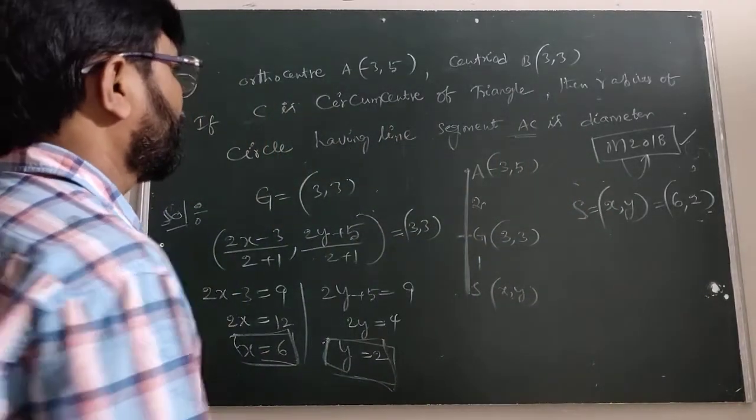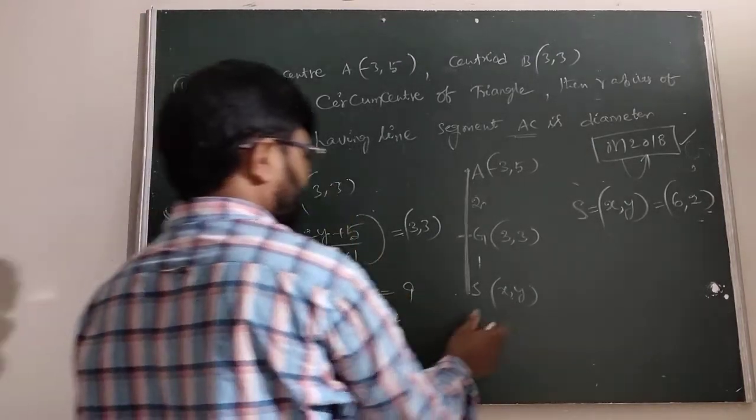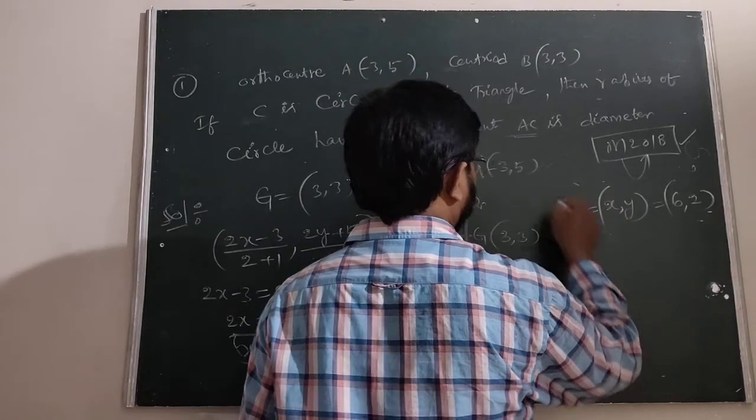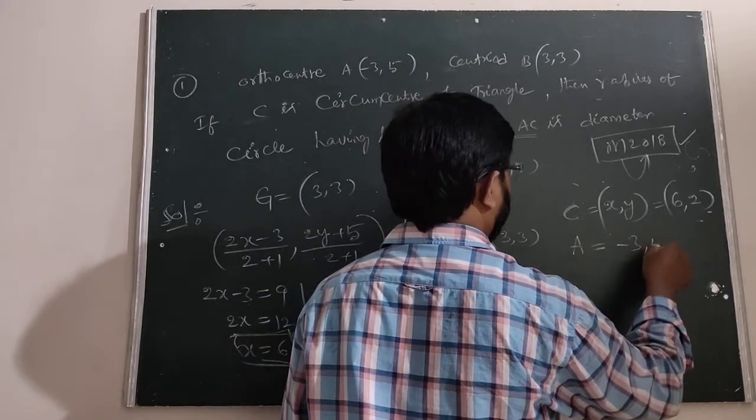Here the circumcenter is denoted by C. We got C, and we are taking A as (-3, 5).